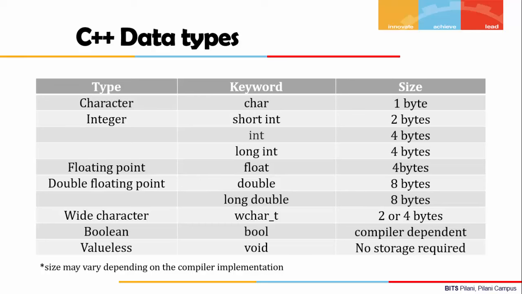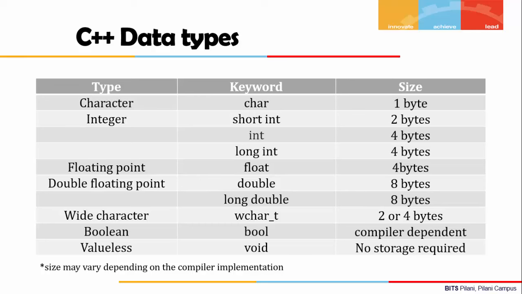The following table shows the keyword used to define the type and the bytes of memory occupied in a 32-bit environment. A character data type will have keyword char and size of 1 byte. The integer data type is used to store integers and uses keyword int.